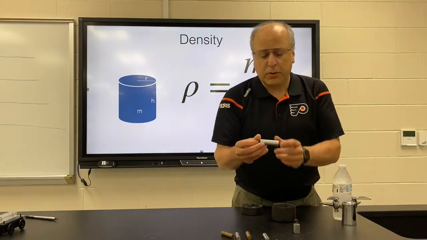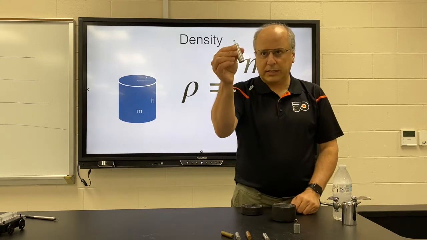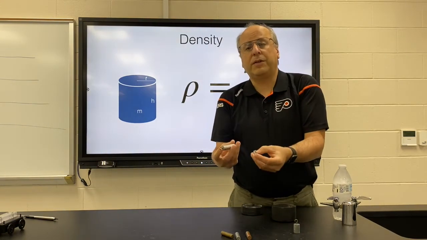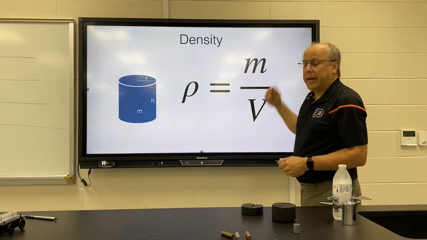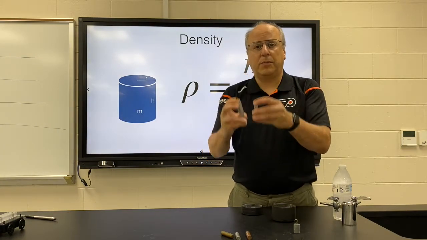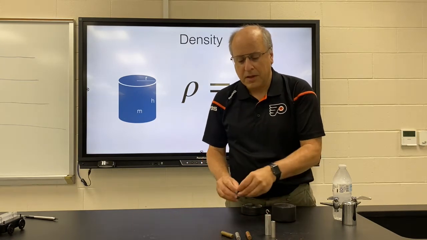Density is really important because it lets us identify the material. So this aluminum and this aluminum are totally different in terms of their size and mass, but the ratio of mass to size will be constant. All pure aluminum will have the same density at the same temperature. Okay?